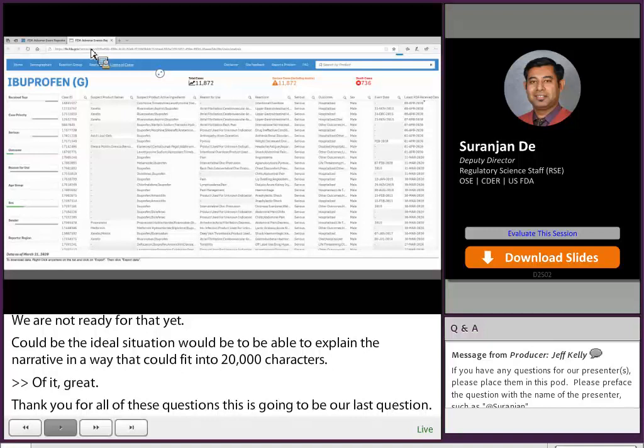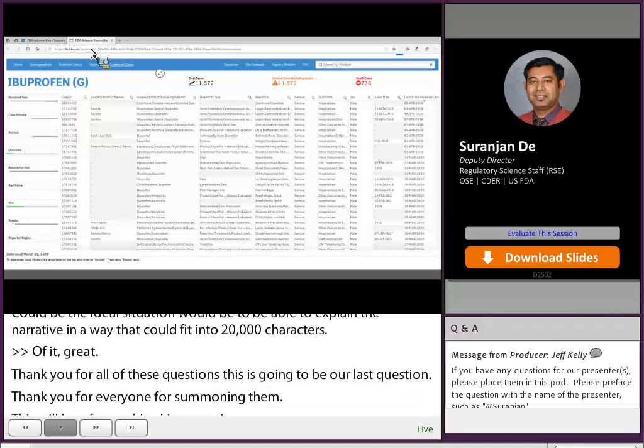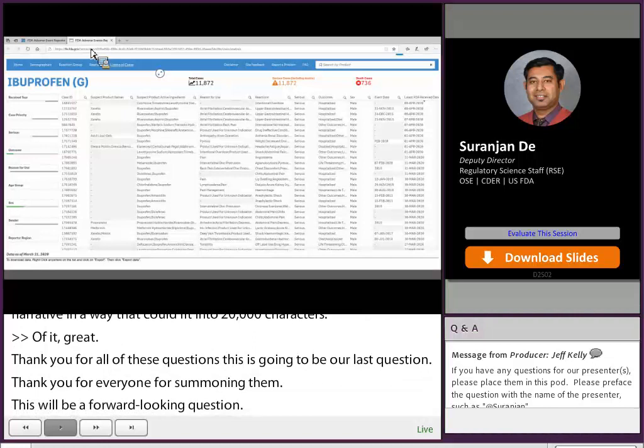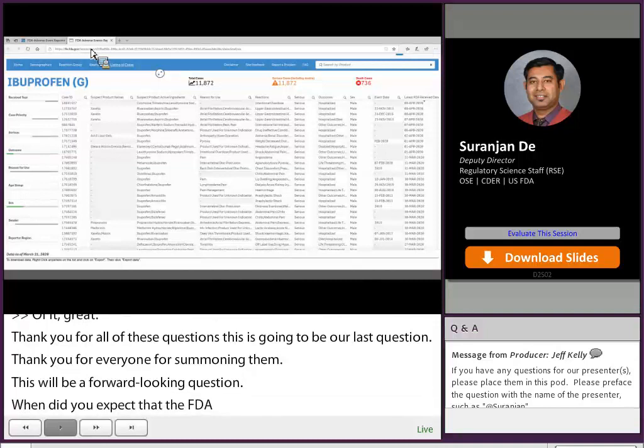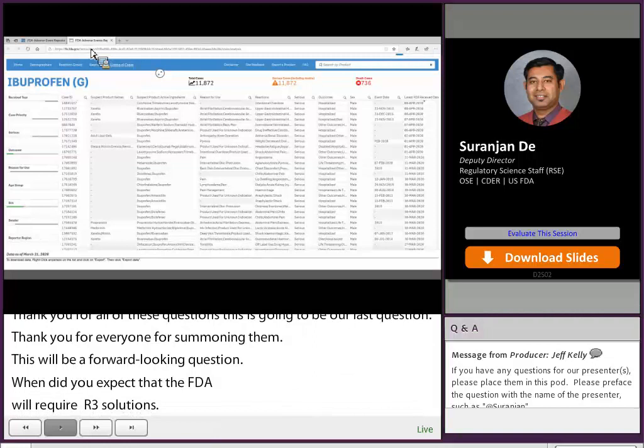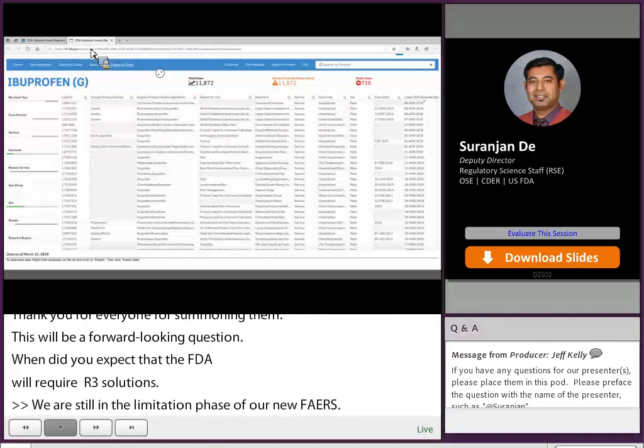Good question. We are still in the implementation phase of our new FAERS. As you know, we had FAERS before 2013, we had FAERS, and now hopefully next year we will have FAERS 2.0. FAERS 2.0 plans to implement E2B R3 with the regional elements.